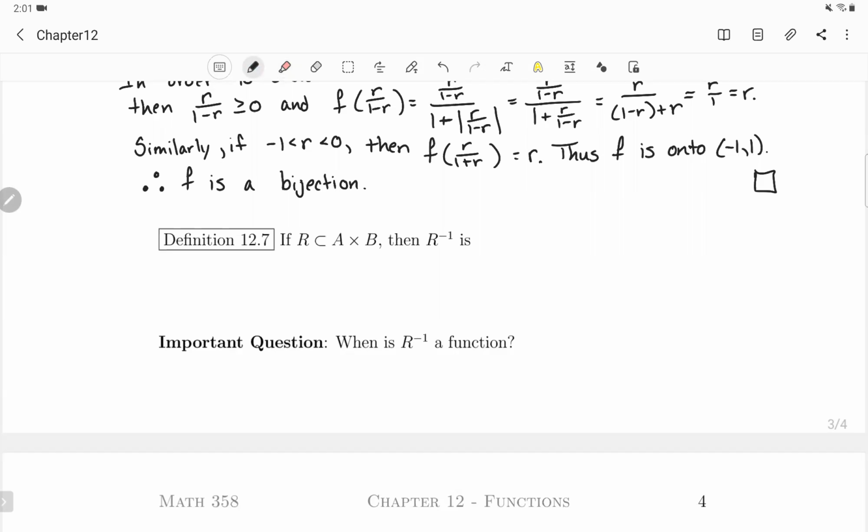If R is a subset of A cross B, then our inverse is the set of all (B, A) such that (A, B) is an element of R.